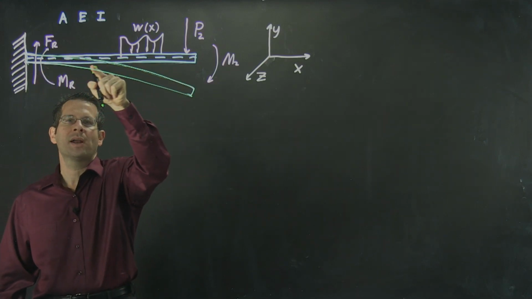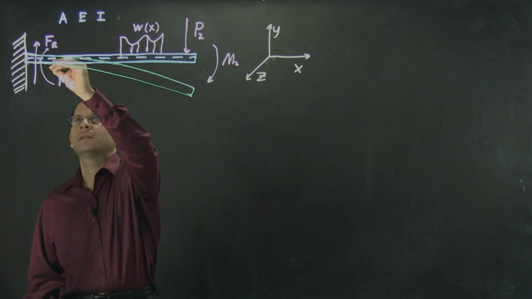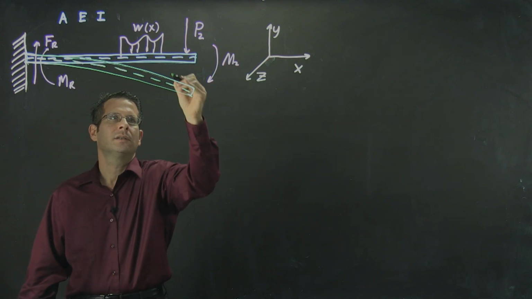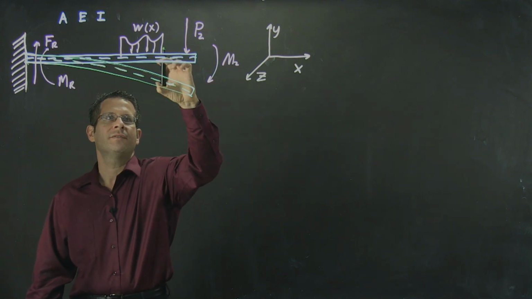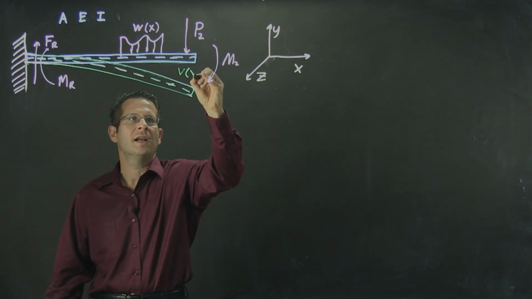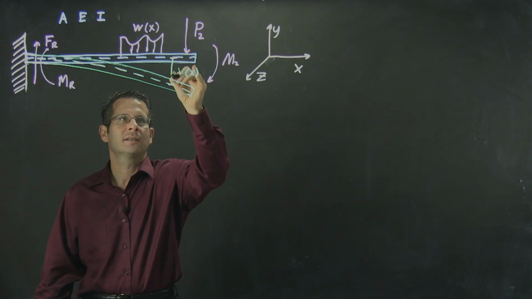And for each point along the beam, the amount of this displacement will be different for different values of x. That is, my displacement in the y direction, v, is a function of x.